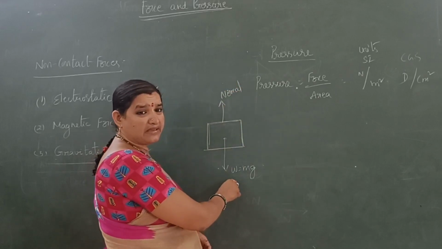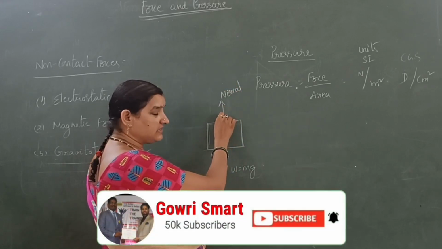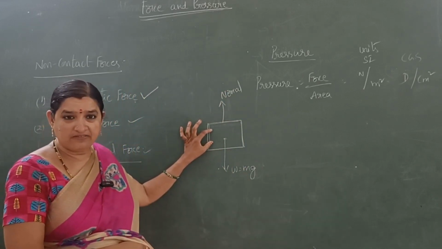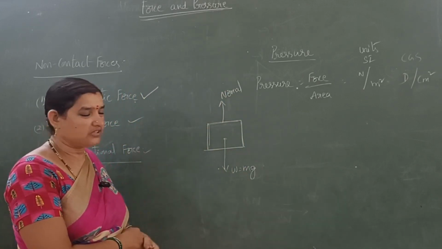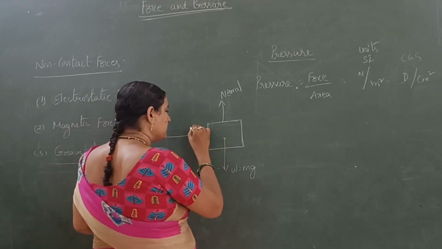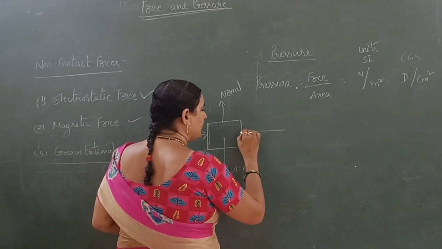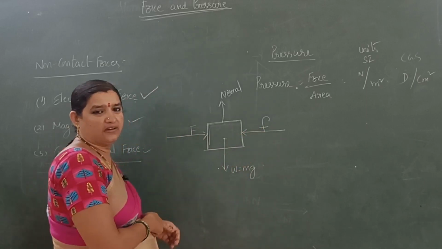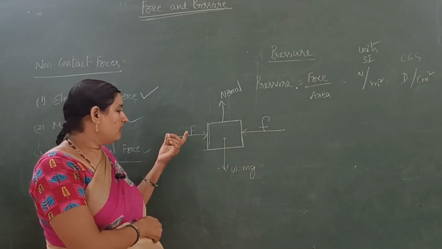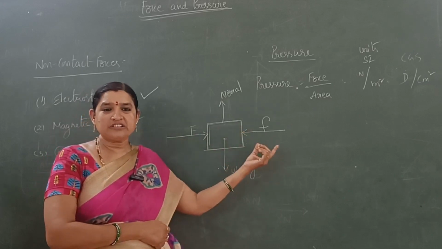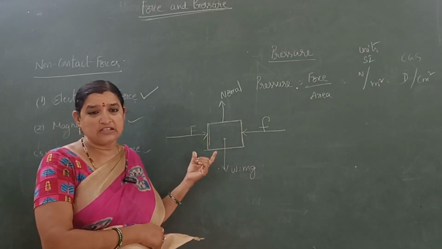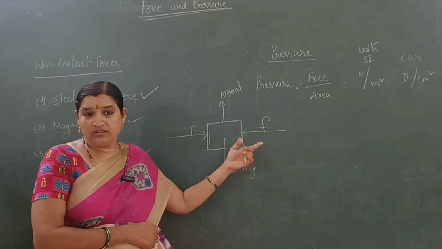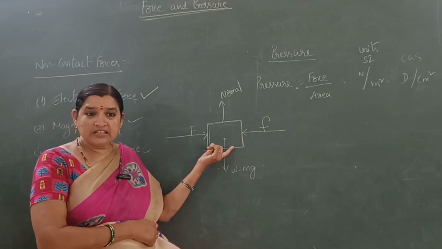Both are the same in magnitude and opposite in direction, so vertically it is in rest position. If you apply the force F here, and the frictional force also acts, and both are equal in magnitude but opposite in direction, then horizontally also the object is in rest position.